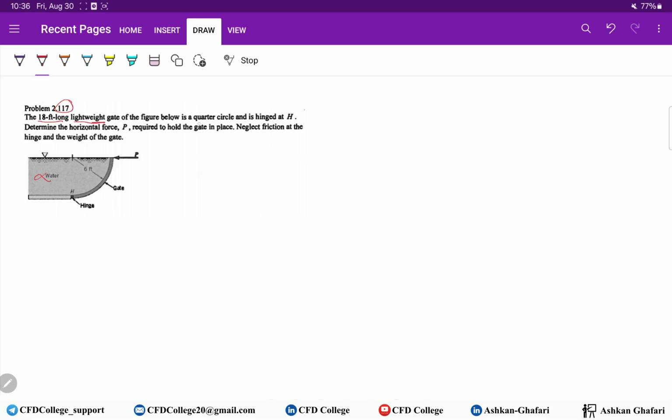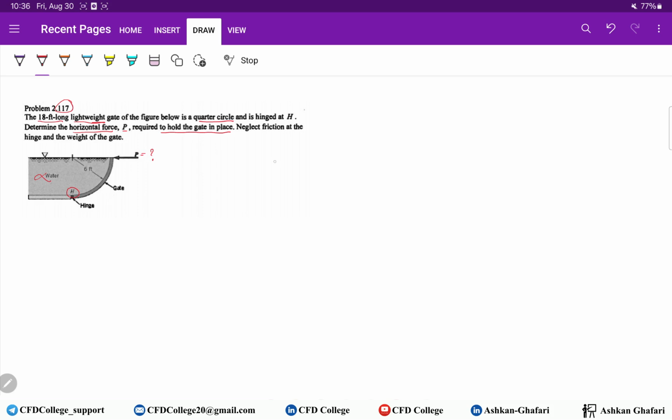Of the figure below is a quarter circle, so this is a quarter circle and it's hinged at H here. Determine the horizontal force P required to hold the gate in place. Neglect the friction and the hinge and the weight of the gate. Okay, now we need to find this force.